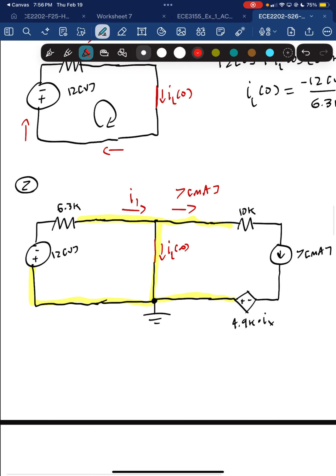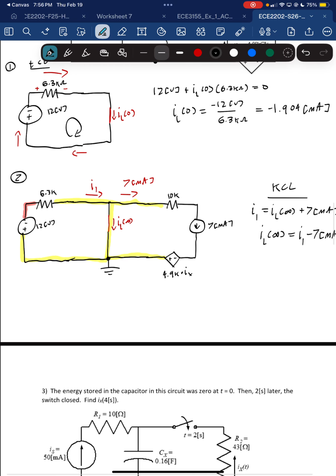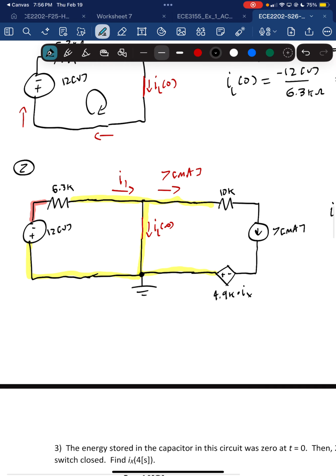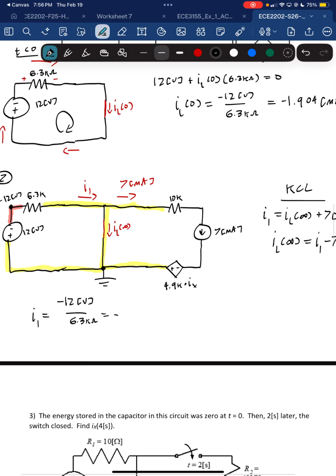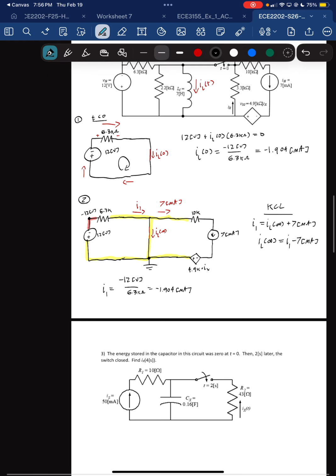First thing I want to do is ask, what is the value of the voltage of this red node? Negative 12 volts. So what could we say I1 is? Exactly. Which is the exact same expression as we just had, negative 1.904 milliamps.